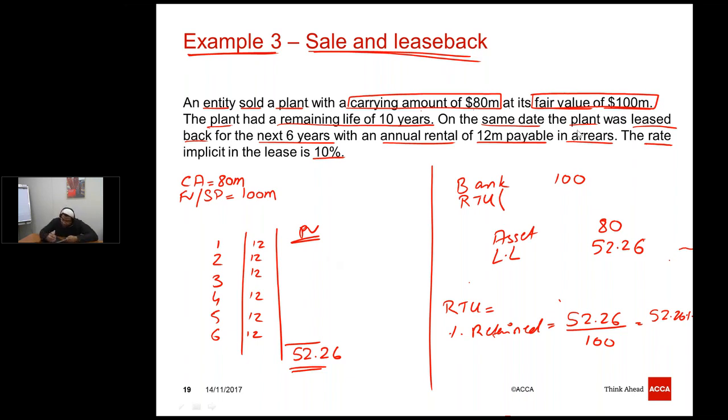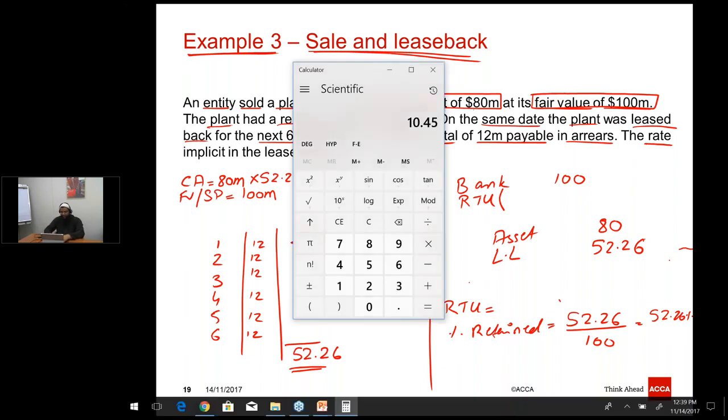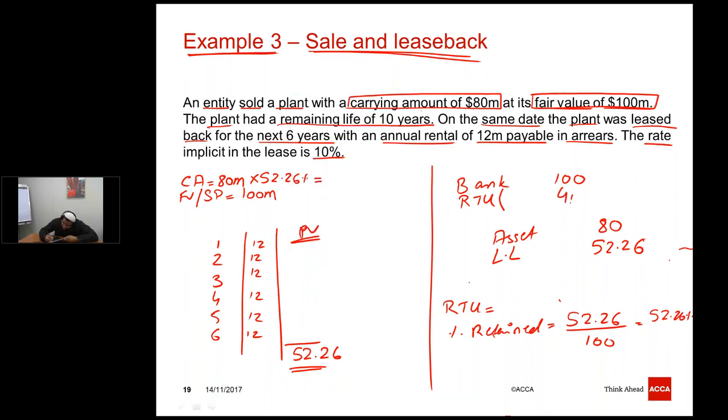So the right to use is going to be the carrying amount of 80 into 52.26%. So the answer is 41.8. The right to use asset is 41.8.